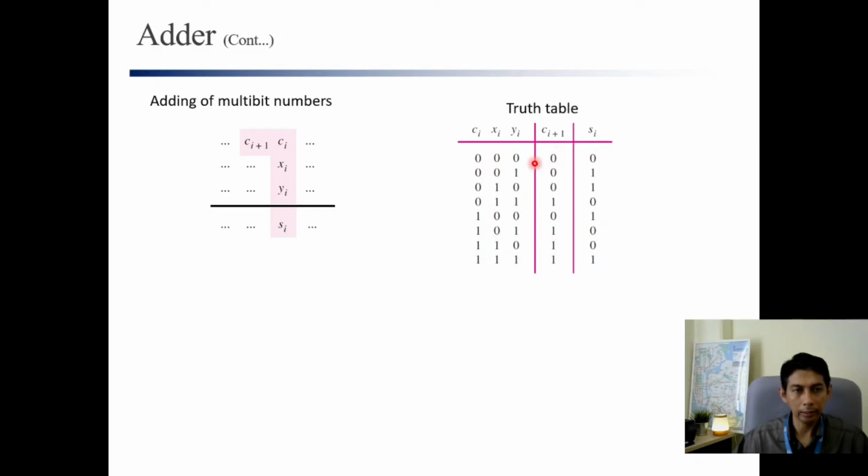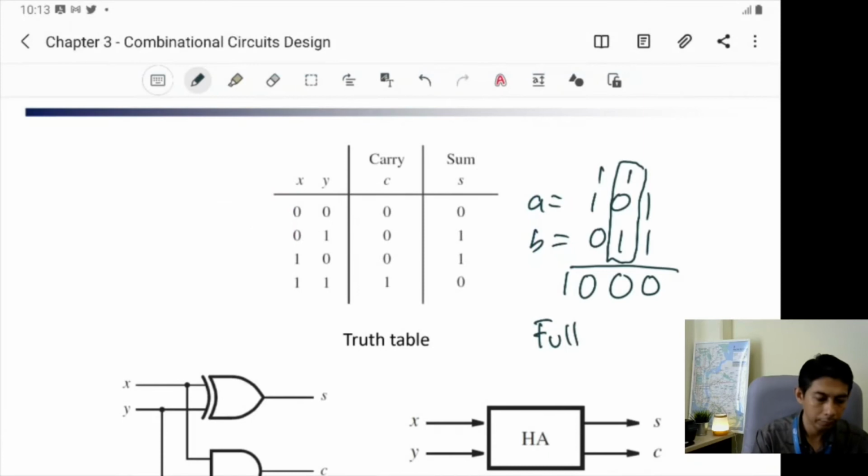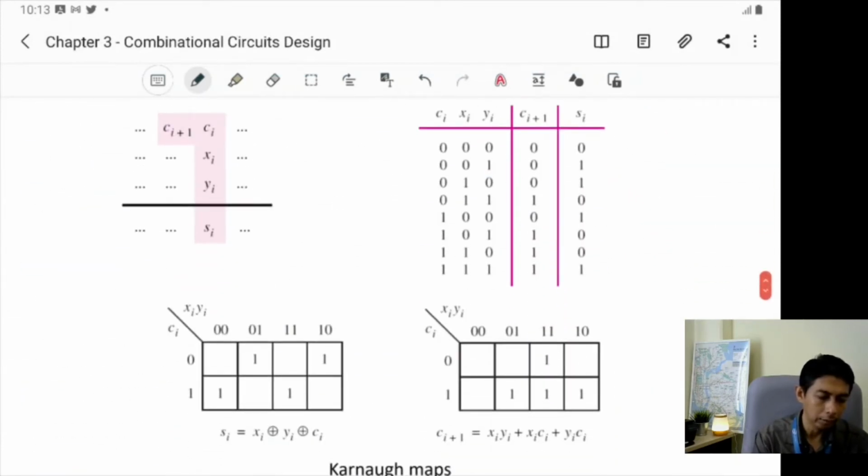So how to get S? 0 plus 0 plus 0, we have S equal to 0 and C equal to 0. And 0 plus 0 plus 1, we have S equal to 1, and we don't have a carry yet.